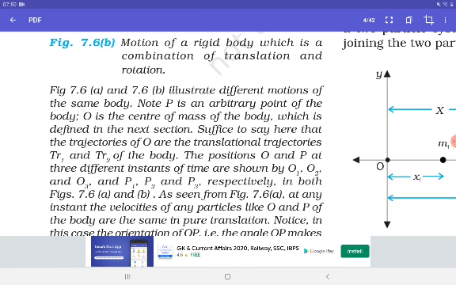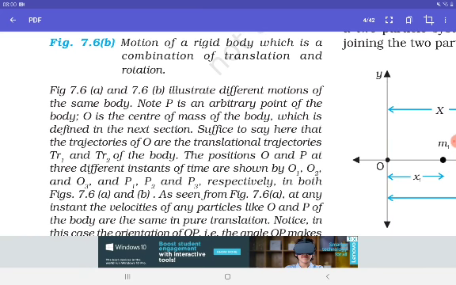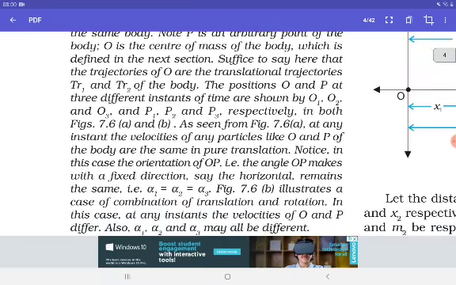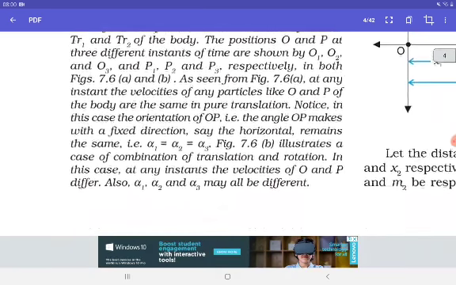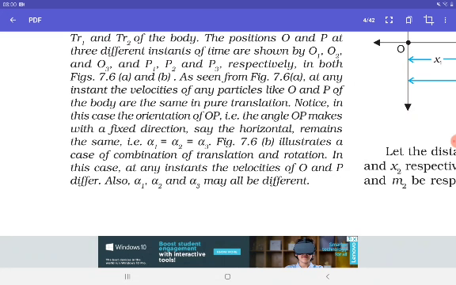In both figures 7.6a and b, as seen from figure 7.6a, at any instant the velocities of any particles like O and P of the body are the same in pure translation. Notice in this case the orientation of OP, that is the angle OP makes with a fixed direction, say the horizontal, remains the same.